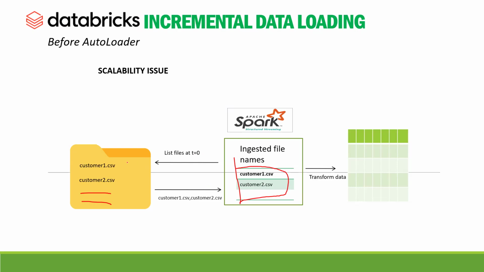After comparing the list of files it is maintaining with the list of files present in the folder, it takes the difference, and whichever newly arrived files are there should be ingested going forward.